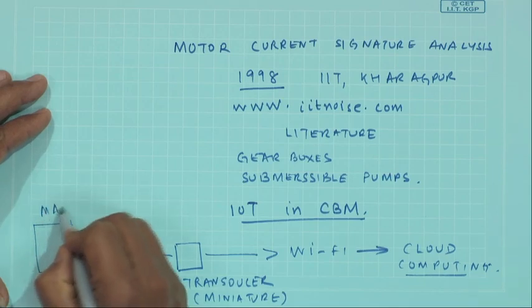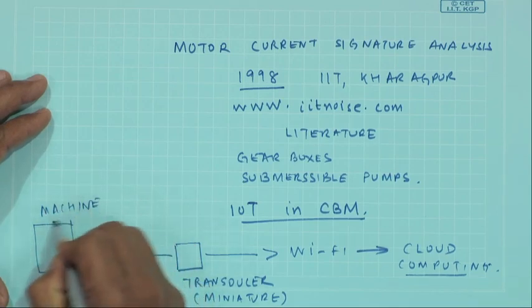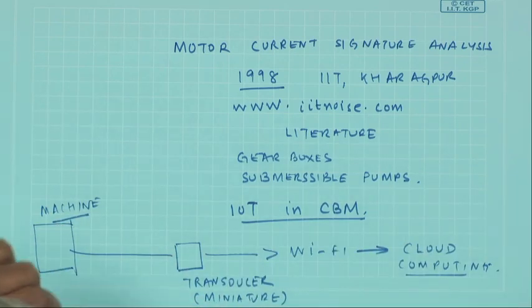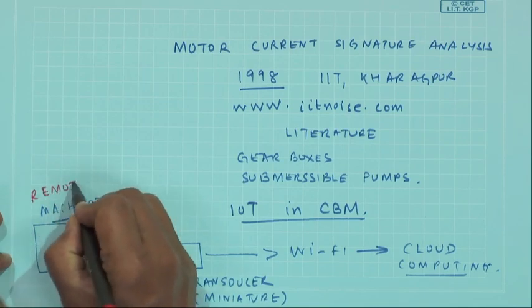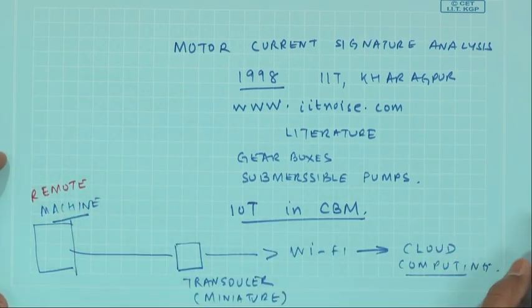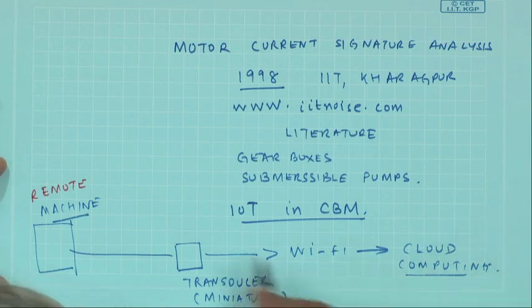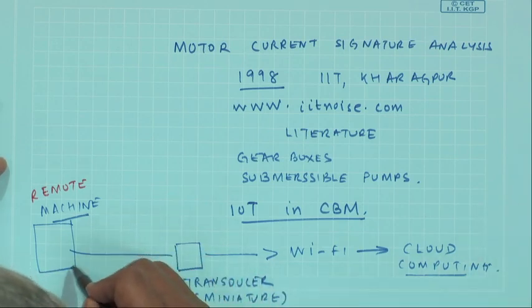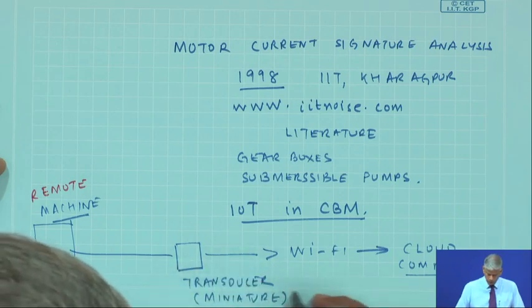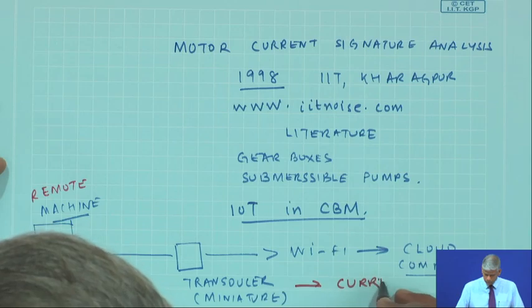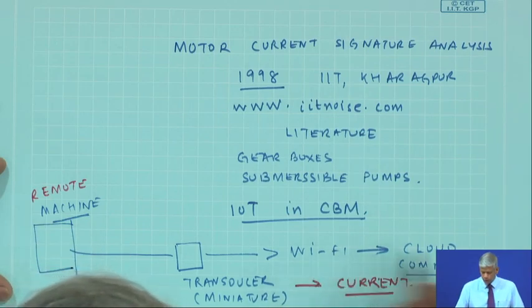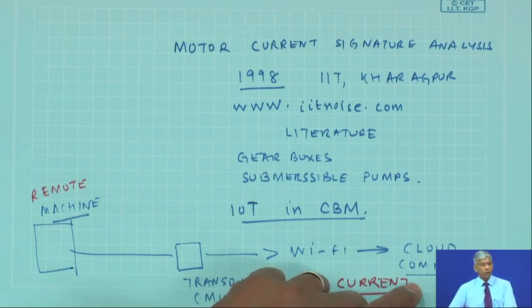This is my machine. So, in the sense that anywhere we want to measure the condition of a machine, all I need is the transducer accessing the current, and then we can transmit by Wi-Fi, and all the analysis can be done on the cloud. And that is the technology which is prevalent today.